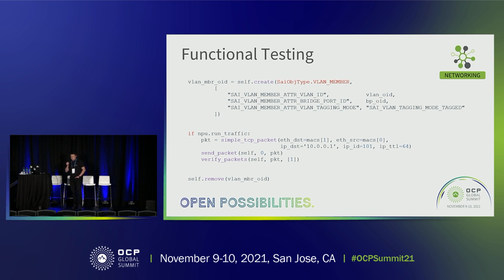From the functional level perspective, in this example, you can see how we create, let's say, a VLAN member. We just use the create API, which is generic for all types of SAI objects. You provide the type of object that you are going to create. You provide the list of attributes, the values for those attributes, and here you are.